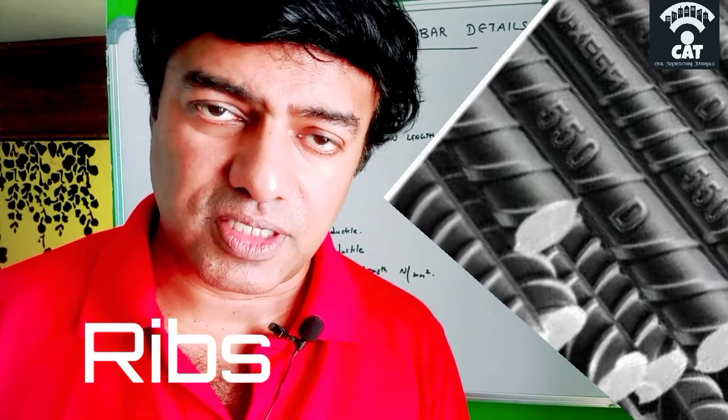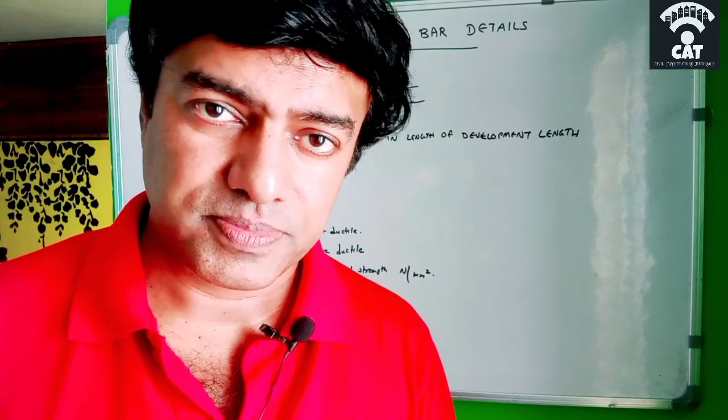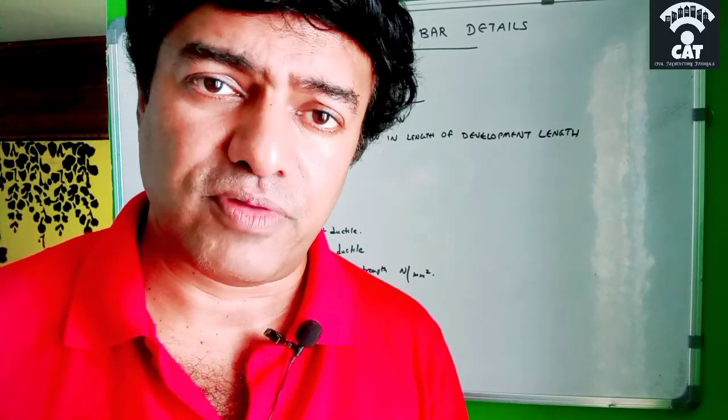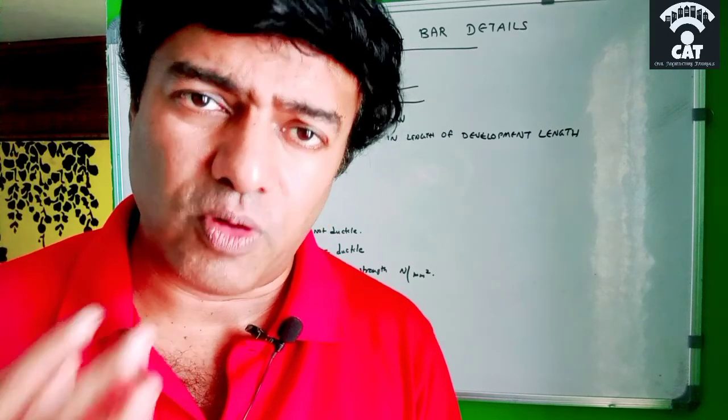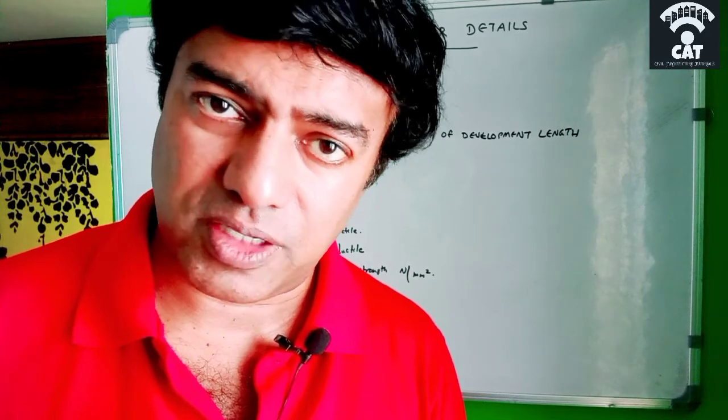So what is the purpose of these ribs? They make a bond between the steel rod and the concrete, so that the steel will not slip away from the concrete. It also helps at the time of earthquake. The main purpose is to have a good bonding between the steel and the concrete.